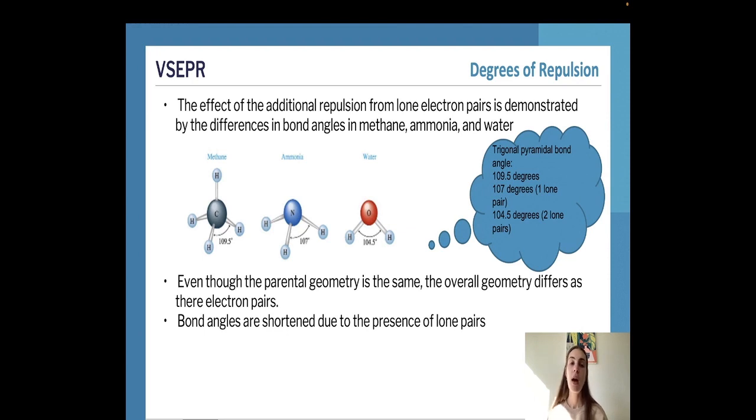Nitrogen has 5 valence electrons, but in ammonia, there are only 3 hydrogen atoms bonded to the nitrogen. All of the hydrogens have achieved a stable valence shell because they've only got 1 electron, so if they bond with nitrogen, they've completed their first valence shell to have 2.